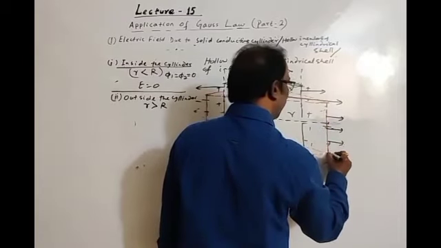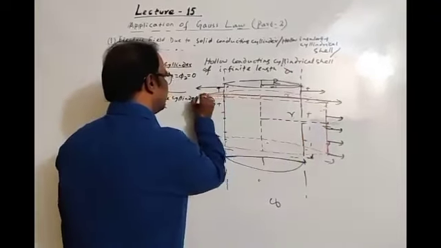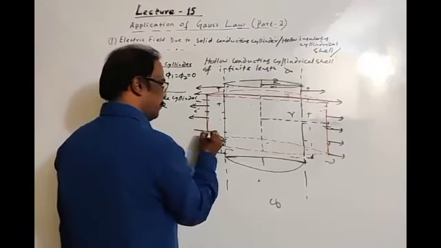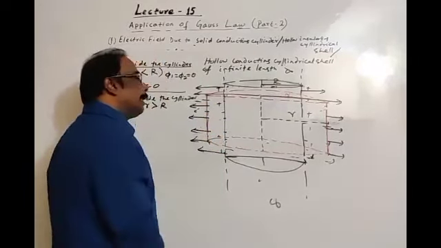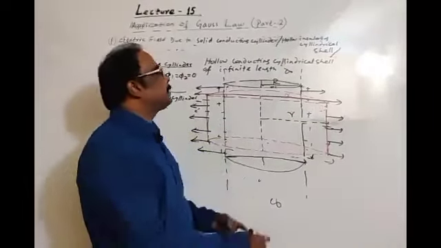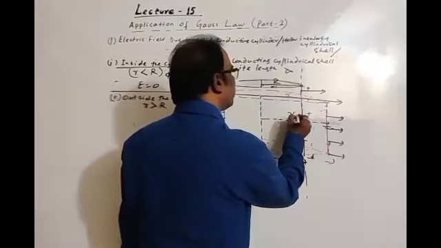These are the directions of the electric field, symmetric. This is the imaginary Gaussian surface of radius r.